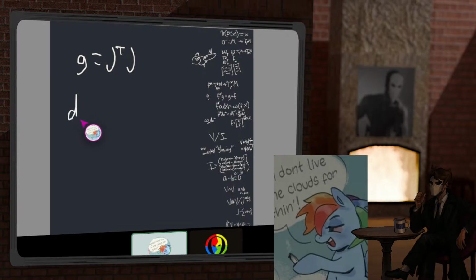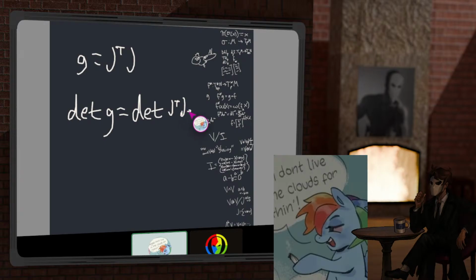Then you get, sorry, I cannot speak. The determinant of G is equal to the determinant of the transpose of the Jacobian times the determinant of the Jacobian. I'm basically distributing the determinant, just because of basic linear algebra.